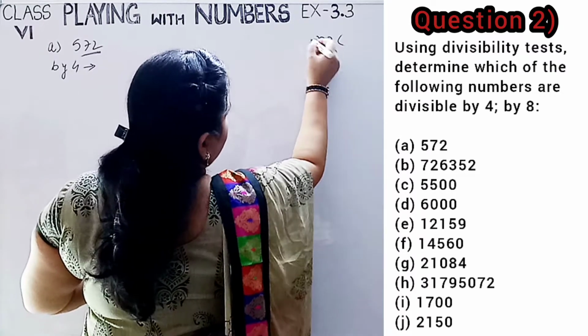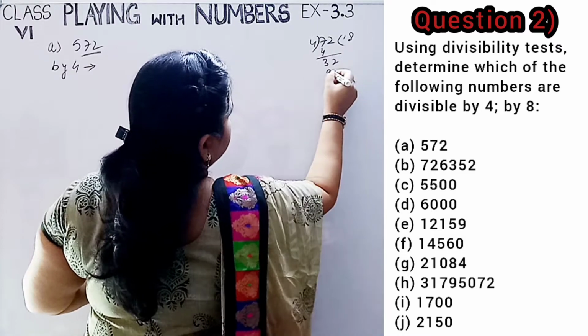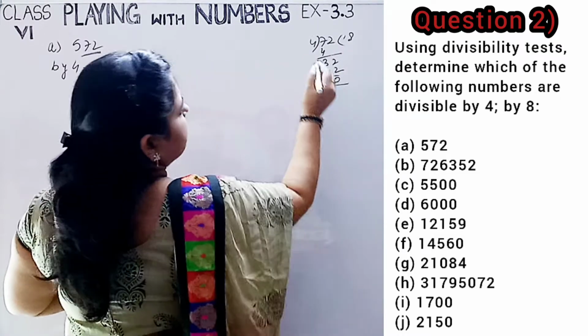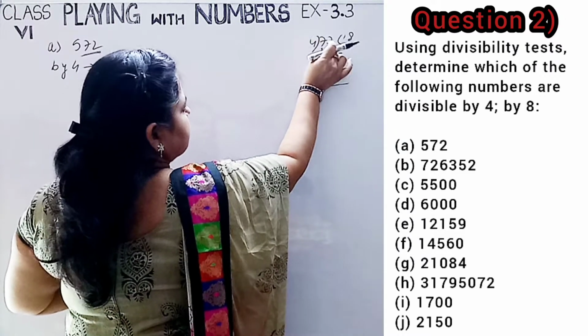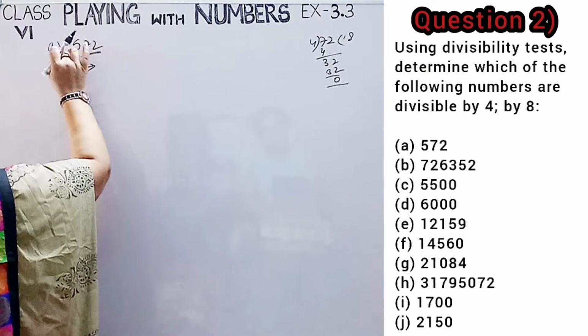So 4 ones are 4, 4 eights are 32. So we got 0. It means yes, this number is divisible by 4. Also 572 is divisible by 4.